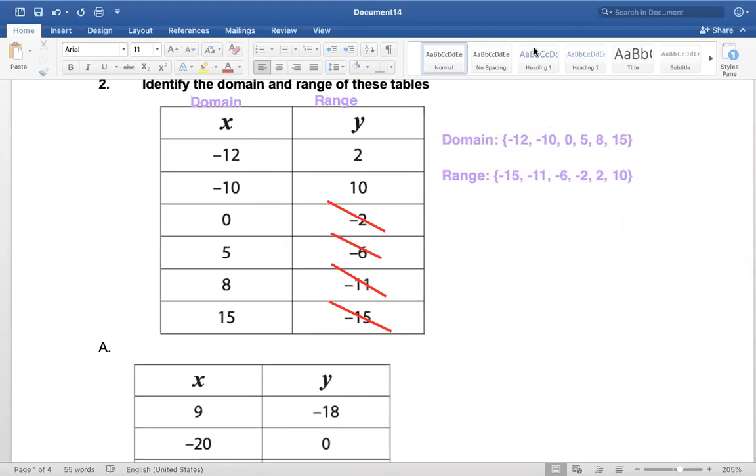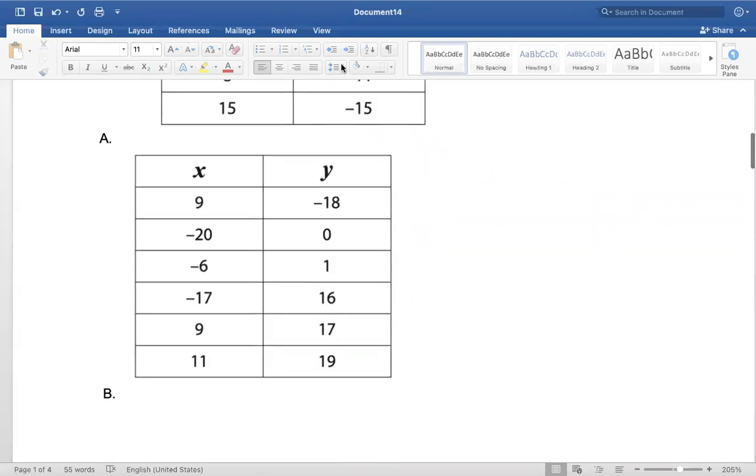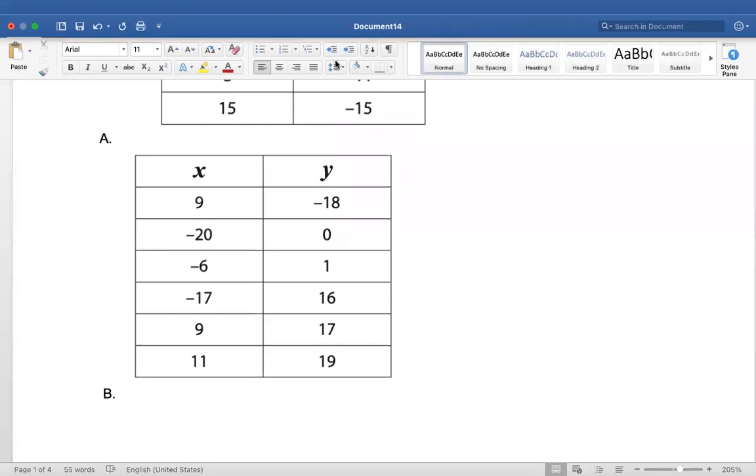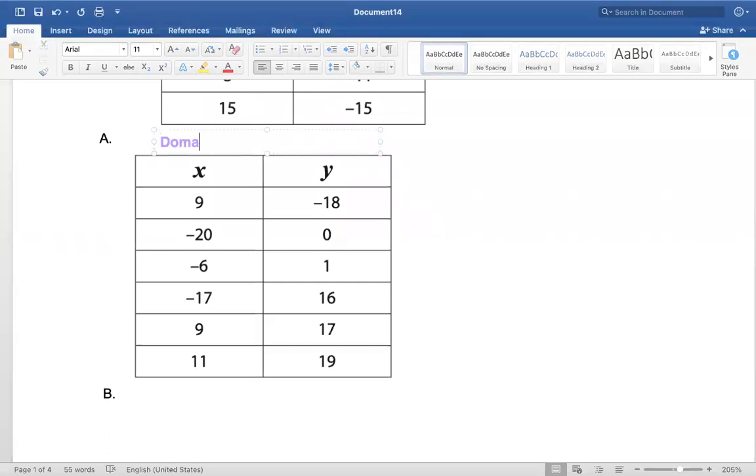Moving down to 2B. Now I can already see none of these are really in order. Domain on the left with the X's, range on the right with the Y's. Smallest number is -20, then -17, then -6.